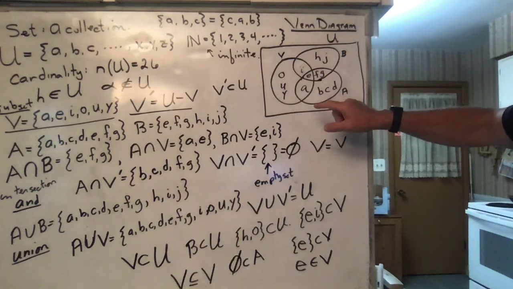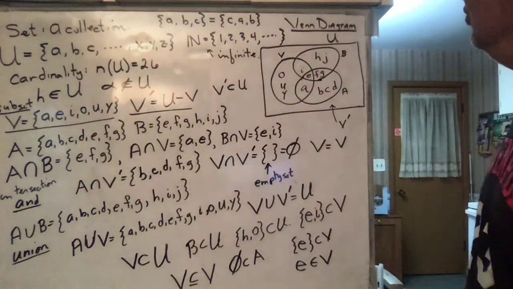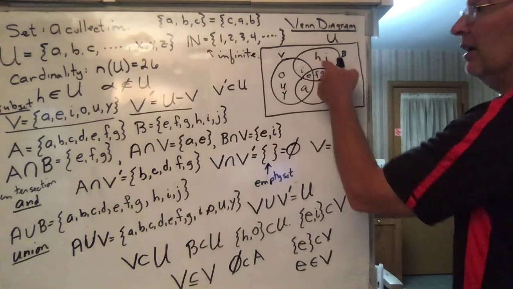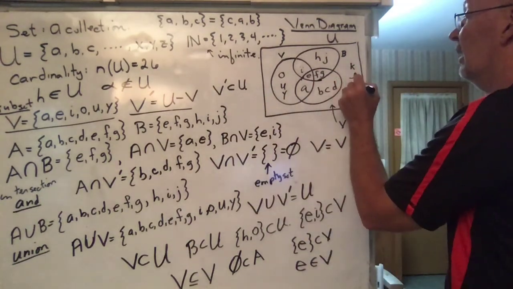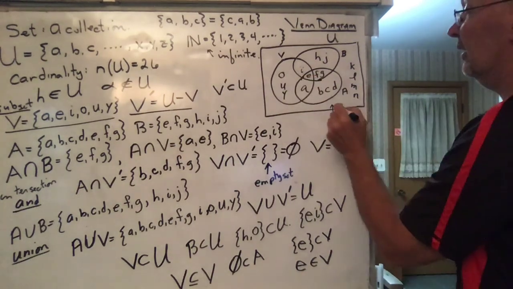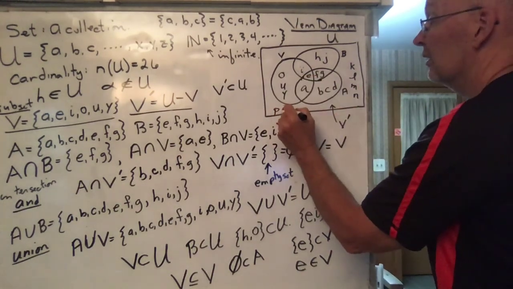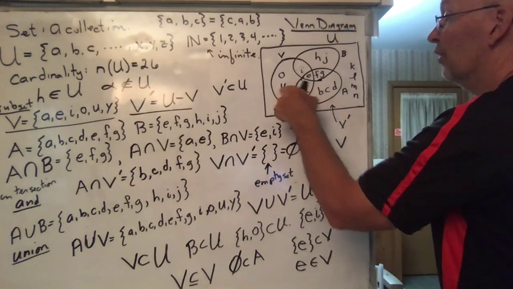So this would be what? We've got everything included up to J. So you'd have K here, L, M, N. O is a vowel, we've already got that. P, Q, R, S, T, U is already there.